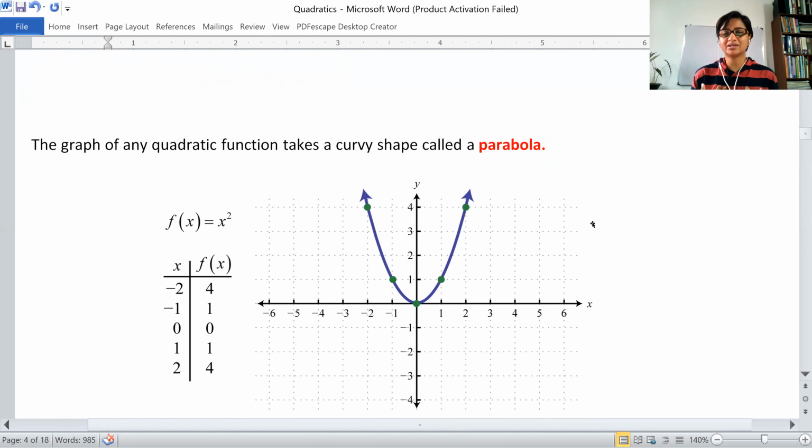And you have to understand what this graph shows you. It's showing you all the pairs of numbers that fit this relationship. When you put this value for x, what the whole quadratic gives you, the y value.